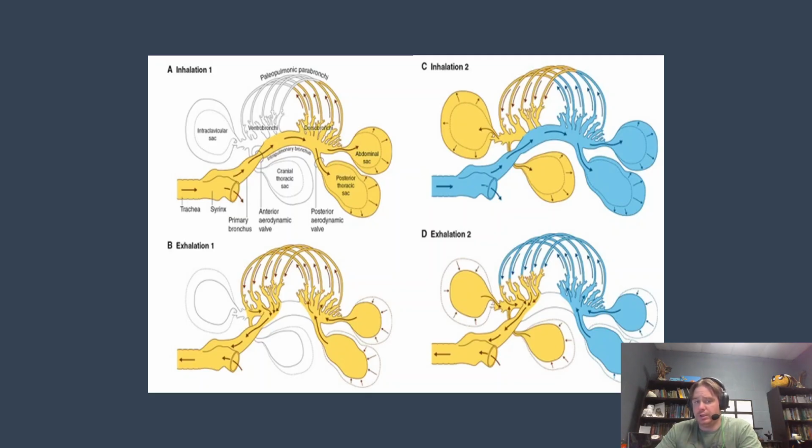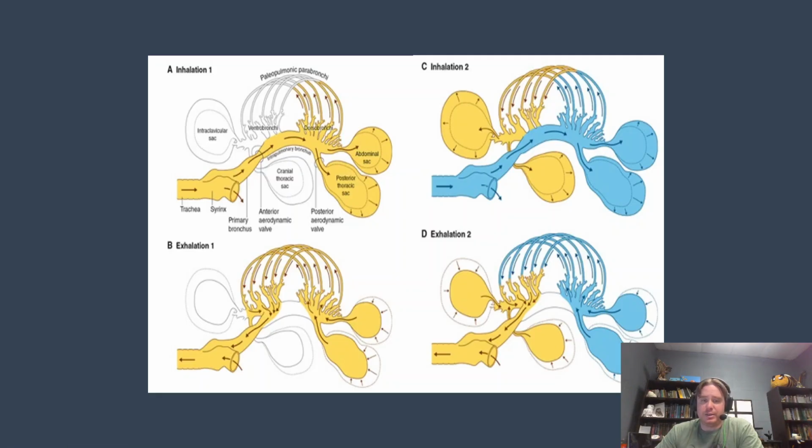In the first inhalation, the air from the first breath comes into primarily the posterior air sacs, and that's what you see in this picture here. That's the first inhalation. In the first exhalation, that air is pushed up into the lungs.